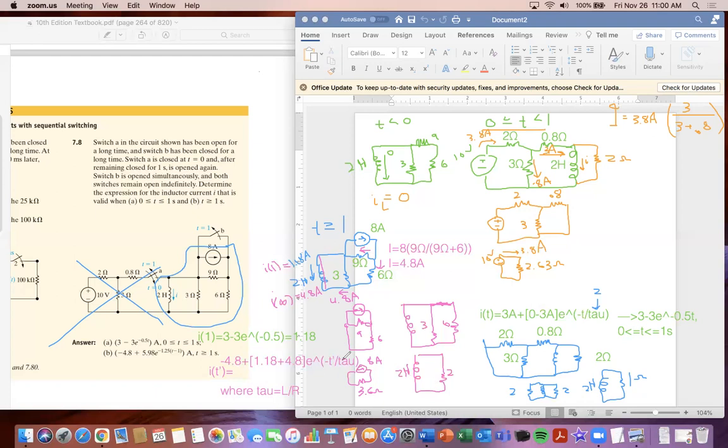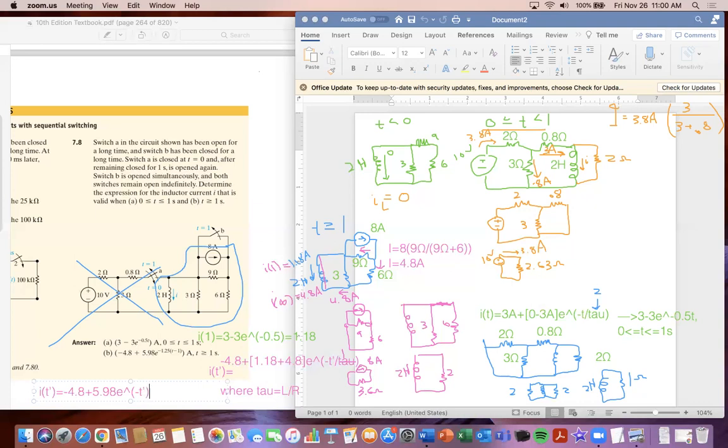And so if our tau is 1, I'm going to put in 1, that would mean that our equation is going to be, and let me just do I of t', is equal to negative 4.8 plus 5.98 e to the negative t divided by our tau, which is 1.